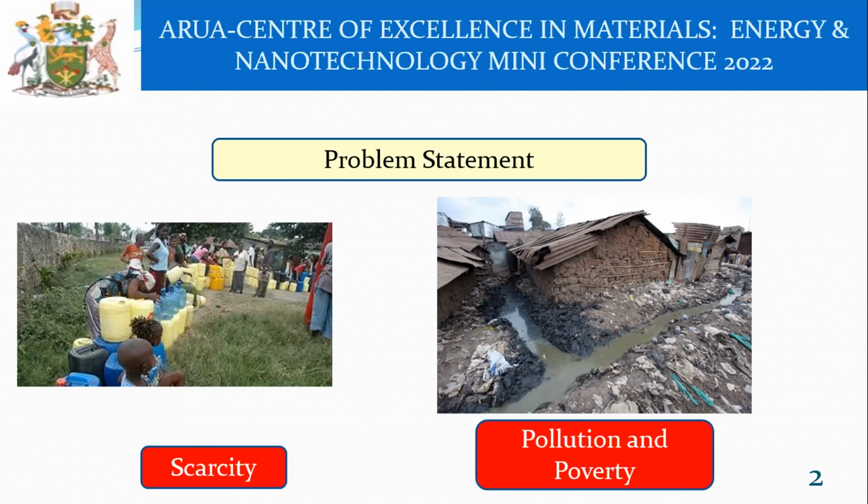Because of these challenges, a lot of research has been focused on water purification, and this has yielded effective water purification such as reverse osmosis and ultrafiltration. Unfortunately, these technologies are costly to most residents of the developing world.